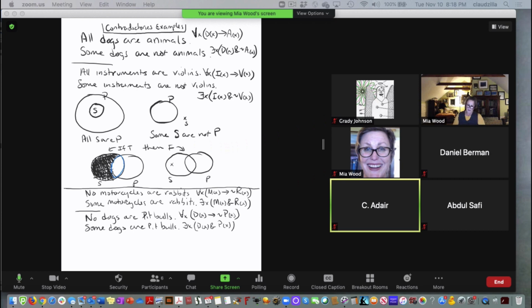So the diagramming for the universal negative is not as intuitive as the nesting that we did for the universal affirmative. But let's go ahead and start with that. Remember I mentioned that I'm capitalizing on what you know to be true and what you know to be false.